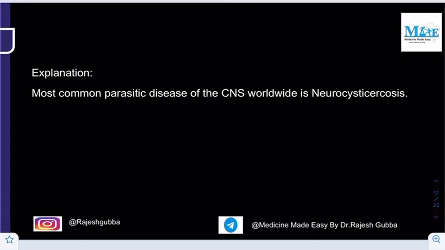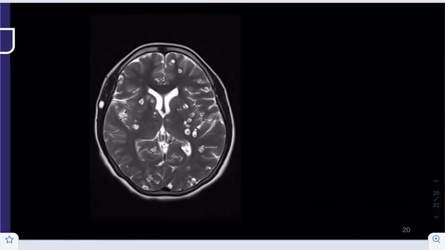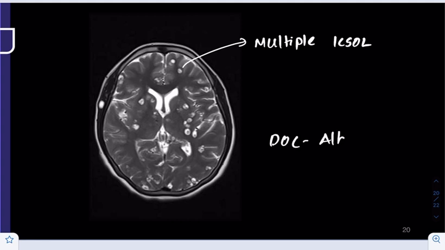And how is the imaging in patients with neurocysticercosis? You have the presence of multiple intracranial space-occupying lesions. How do you treat these patients? The drug of choice is albendazole.